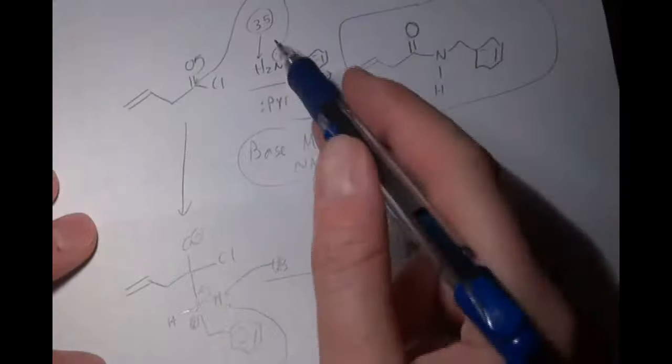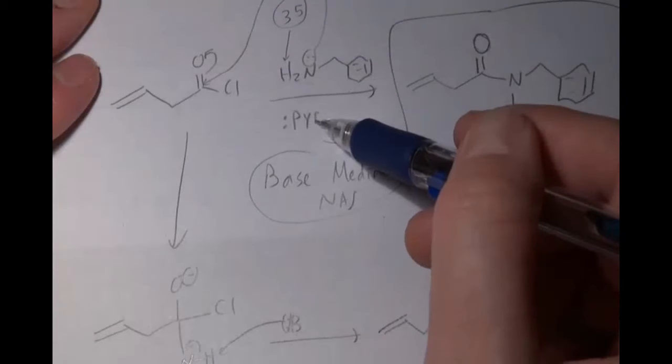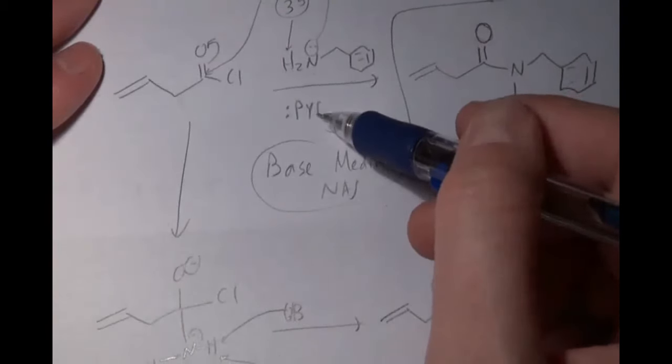That's the point I'm trying to make: generally speaking, if you have a low acidity proton on your nucleophile, high pKa, like an amine or also an alcohol, the base will not just take off that proton. You don't have a strong base. This can only take stuff off that's maybe less than 10 or something like that.